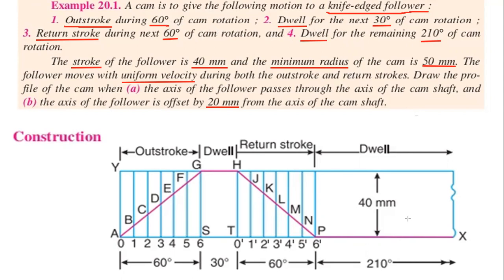Firstly, you have to take the 360 degrees of the cam rotation to a length, that is a linear position. So this A to X line is calculated in scaling only. That is, by taking the scale only we can draw this.